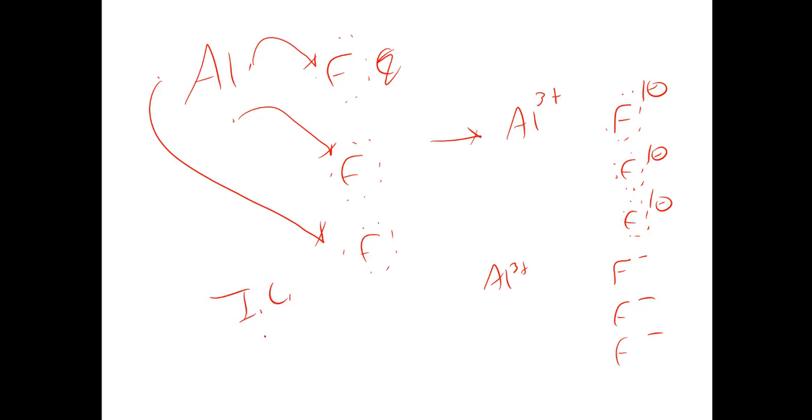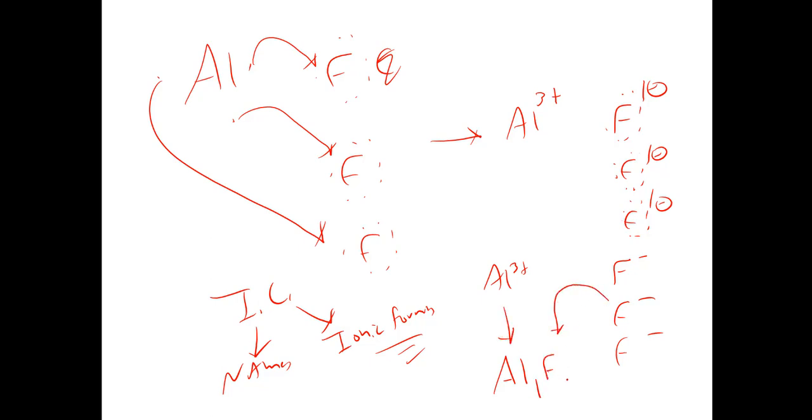Ionic compounds can be written as names, or they can be written as ionic formulas. So we're going to be focusing on ionic formulas for right now. An ionic formula tells you the number of each of the ions. So in this case, there's going to be 1 of the aluminum and 3 of the fluorides.